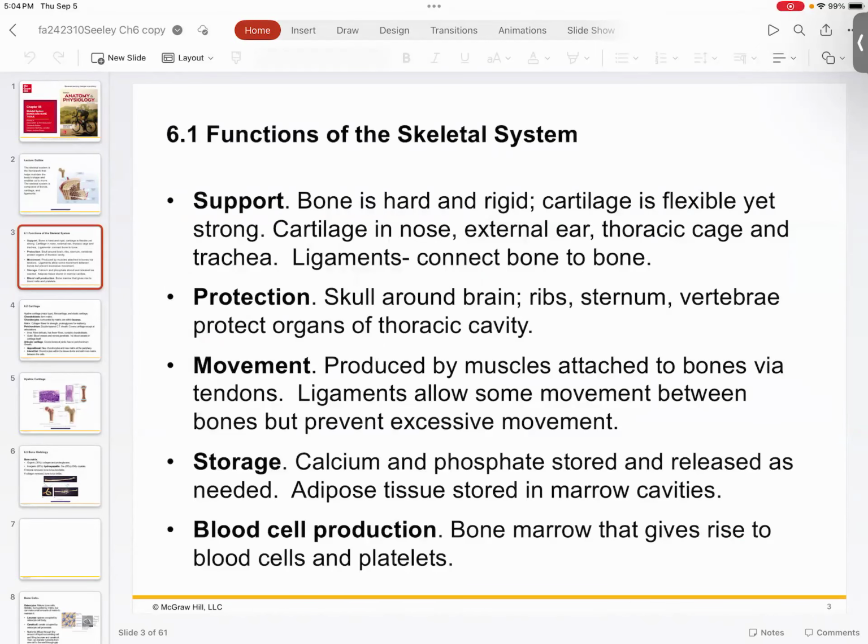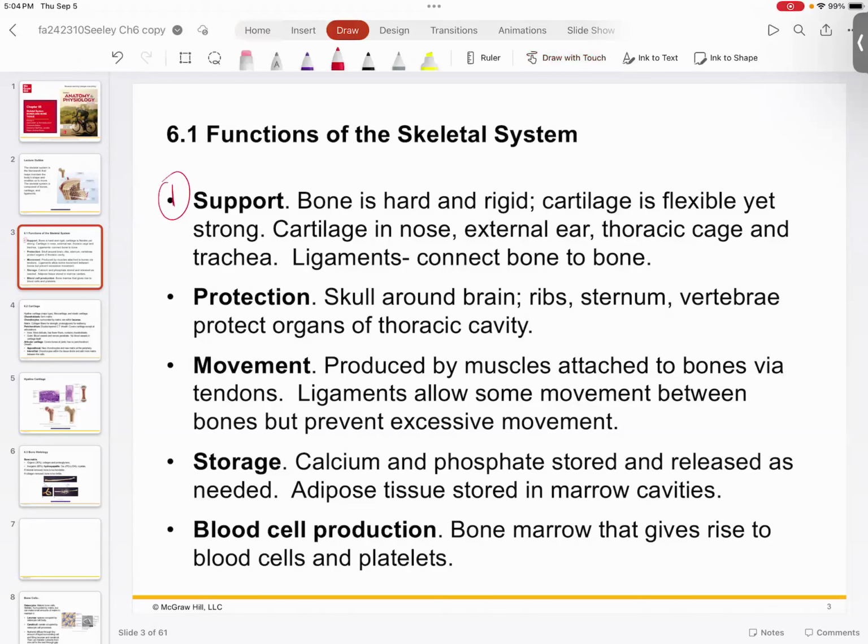A couple of these functions you guys pretty much know about, right? Oftentimes when we take a look at functions, we come up with the support idea. It's a rigid type of matrix, but it's supportive. We think of it as supporting our frame, giving our body a framework and a shape.